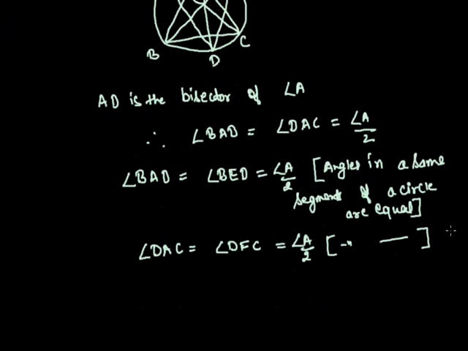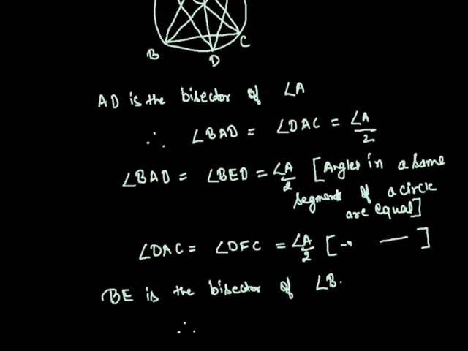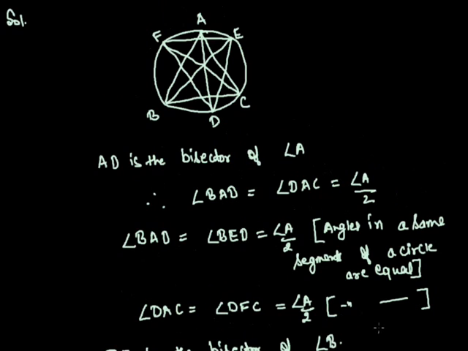Now BE is the bisector of angle B. Therefore, angle ABE is equal to angle CBE, which is equal to angle B by 2.